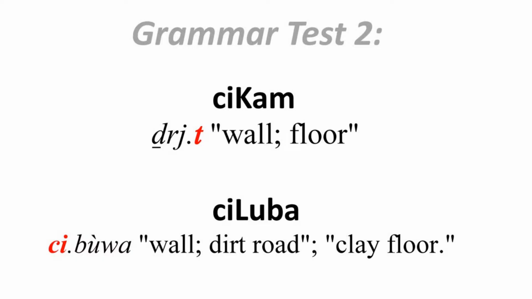So I did this in several other examples, but just to simplify it here, like this word jiriit, wall or floor, it has the same grammatical morpheme in Chiluba, chibua, wall, dirt, road, clay, floor. So the exact same meanings, and it has the exact same morphological prefix and suffix, respectively. And so this is further proof of the relationship, and this is non-accidental, right?